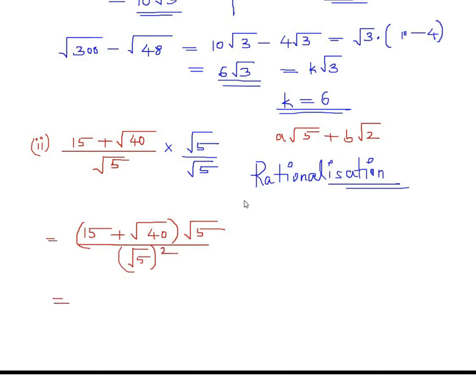So here we are going to distribute the brackets, and square root of 5 times 15 gives us 15 root 5 and root 5 times root 40 gives us root 5 and root 40 multiplies this way. So both are having square roots, so you can multiply them here. But here 15 was not under the square root, so we cannot multiply 15 and 5 inside the square root. So be careful with this step.